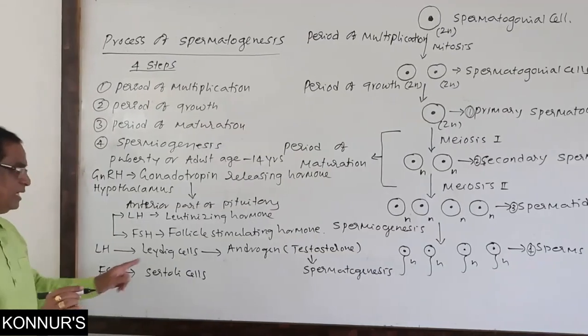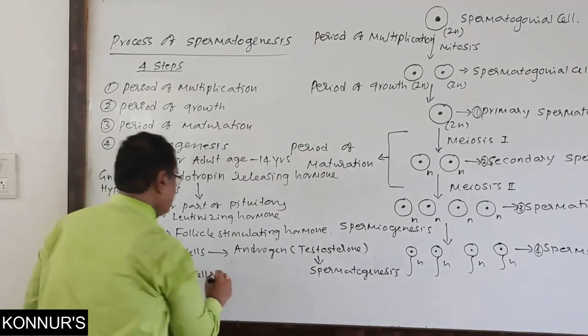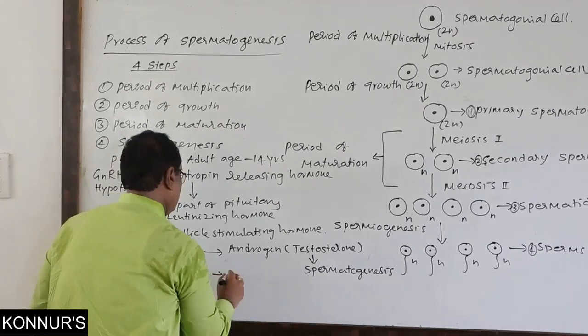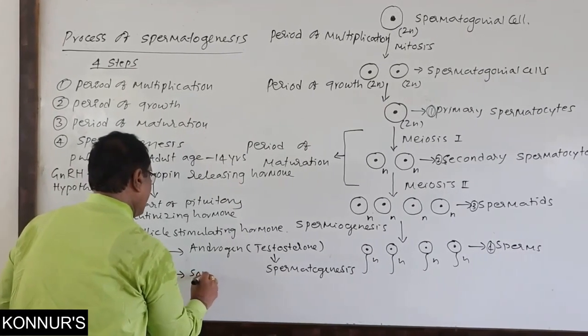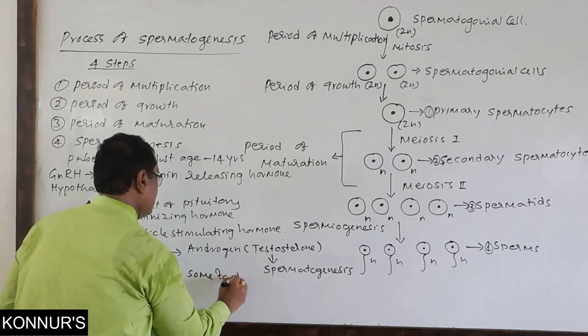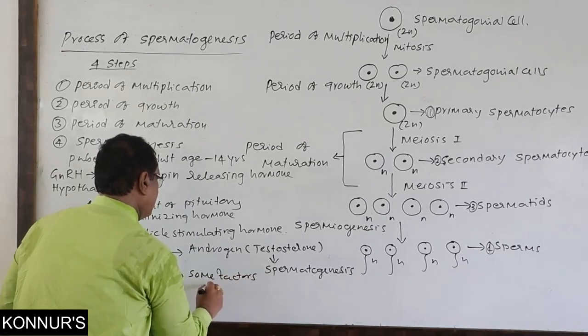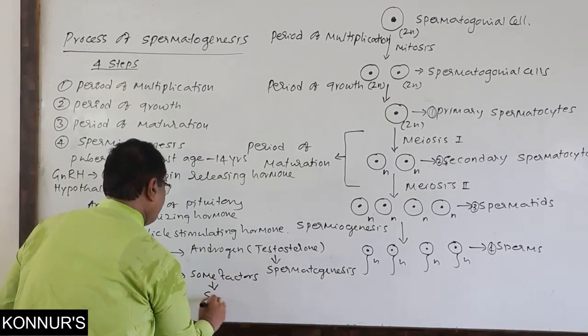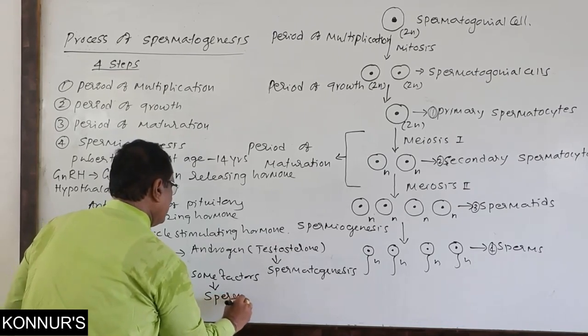FSH stimulates Sertoli cells which produce some factors, and these factors help for spermiogenesis.